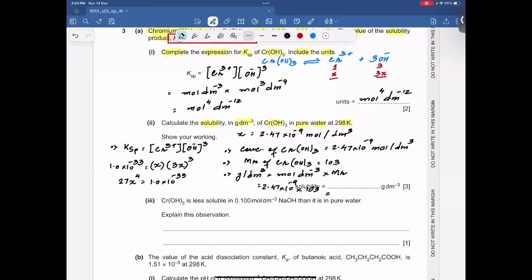So the value is going to be 2.54 into 10 to the power minus 7 gram. Let me check it again. 2.47 exponent minus 9 into 103, 2.54 into 10 to the power minus 7. Yeah, that's the answer. And that's my answer, okay?